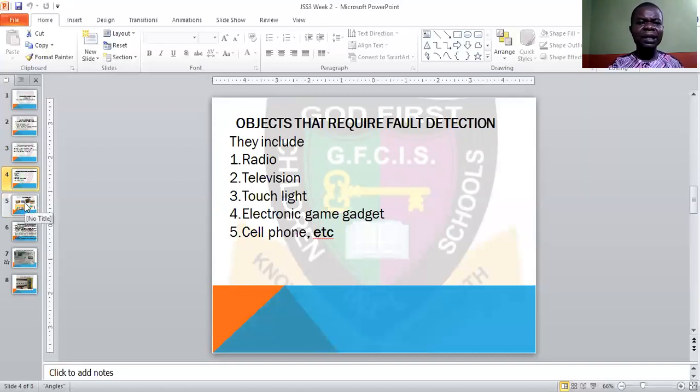You see the radio, the TV, some of them may be model one, because each year or each season, depending on the company producing, they have the way they produce their electronics.